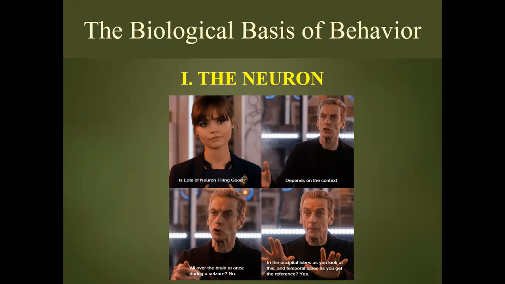If you have learned about the neuron in other courses, what you are going to discover today is that I am taking a couple of shortcuts. There are some things that I am going to oversimplify. There are some things that I am going to skip past as if they're not even happening. That is because we are an introductory psychology course, and we want to focus on the things that we need to build on in our other courses.